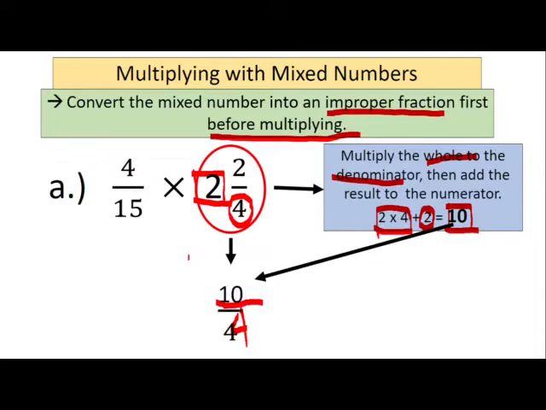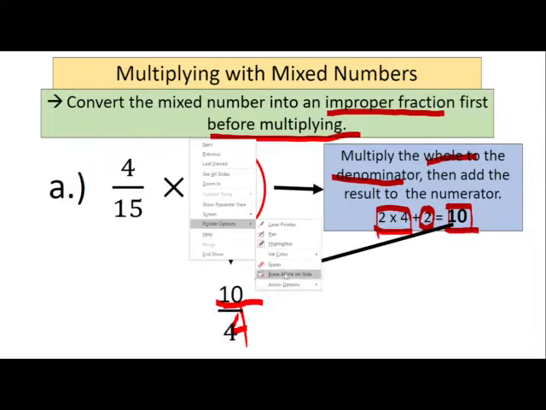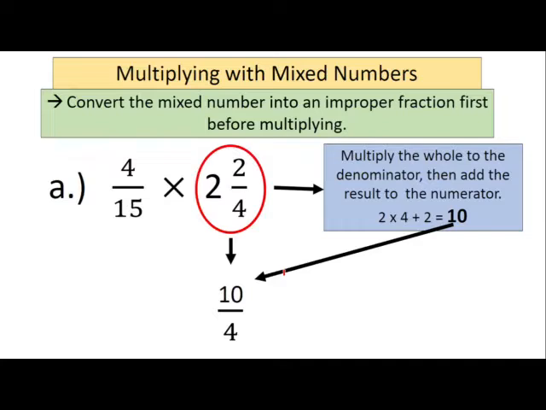Ayan siya. Now after converting whatever mixed number or mixed numbers we have there, we can now proceed right away to the operation. Kung fraction din naman yung i-multiply mo sa kanya or whole number lang naman siya. Now, we have here 4/15. We just copied it, of course. Multiplied to 10/4.